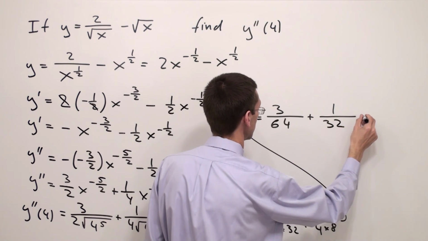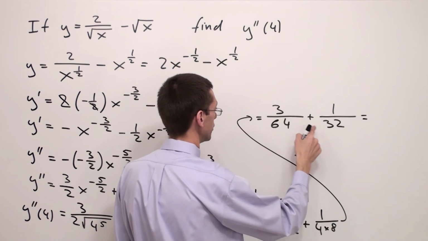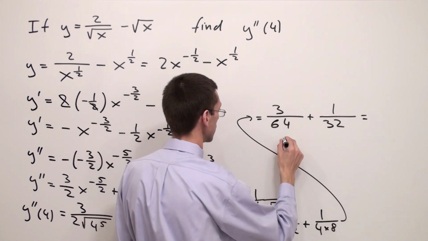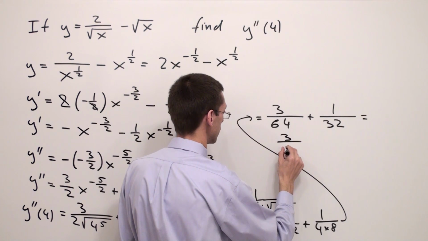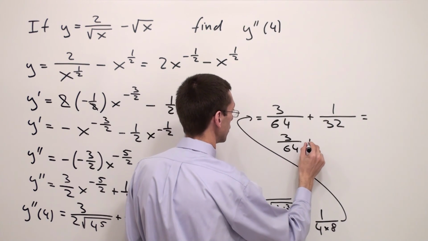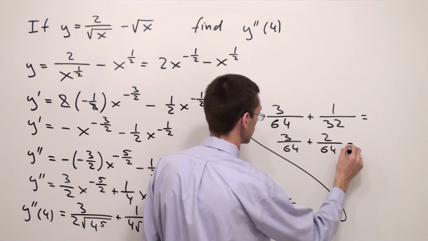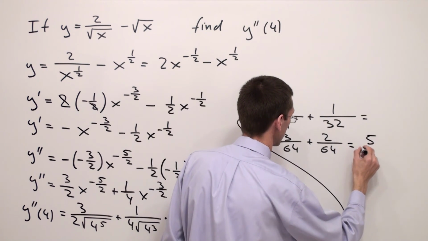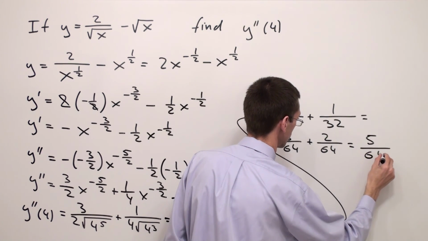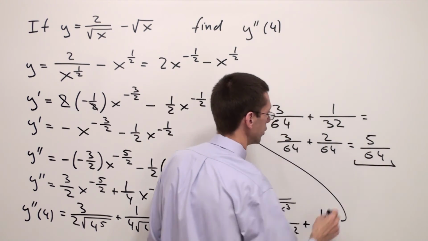Okay, so this is equal to, the common denominator is 64, so I have 3 over 64 plus 2 over 64. This is equal to 5 over 64, and this is my answer to this problem.